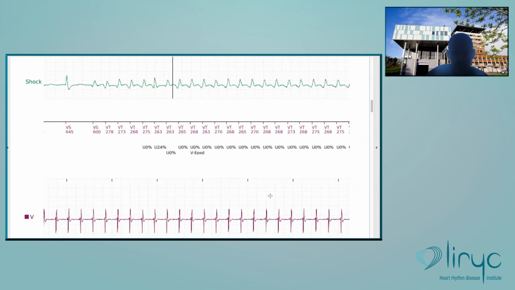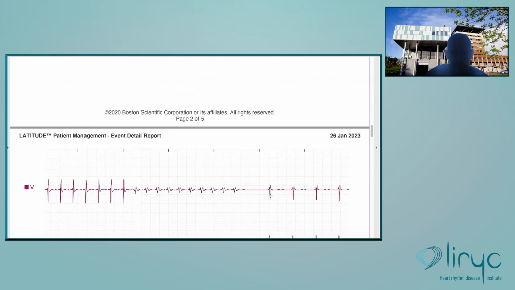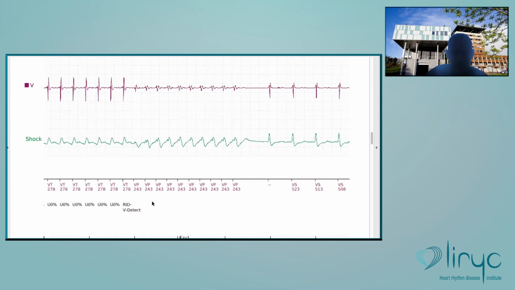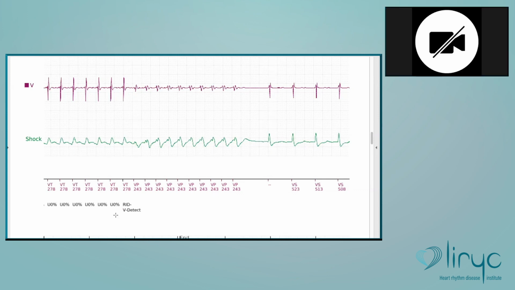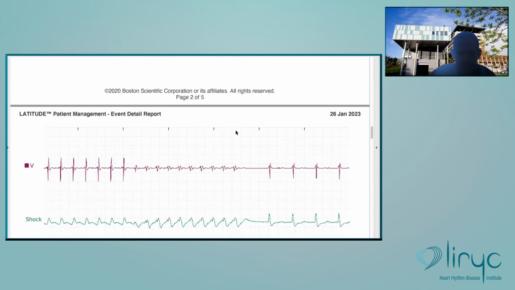At the end of the duration, which is something like 12 seconds here, what is the diagnosis? Then we have V-detect and rhythm ID negative, so it's uncorrelated to the template, so it's going to be a VT. Then the patient receives an ATP, which is efficient with reduction of the arrhythmia.